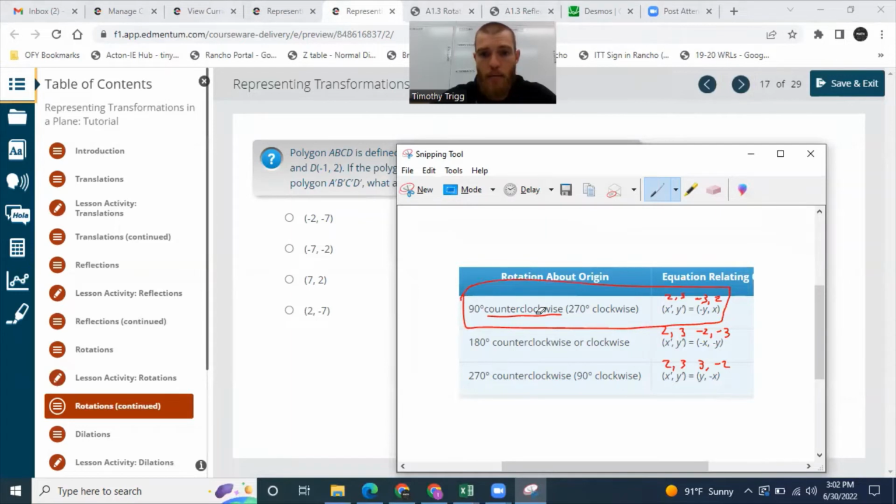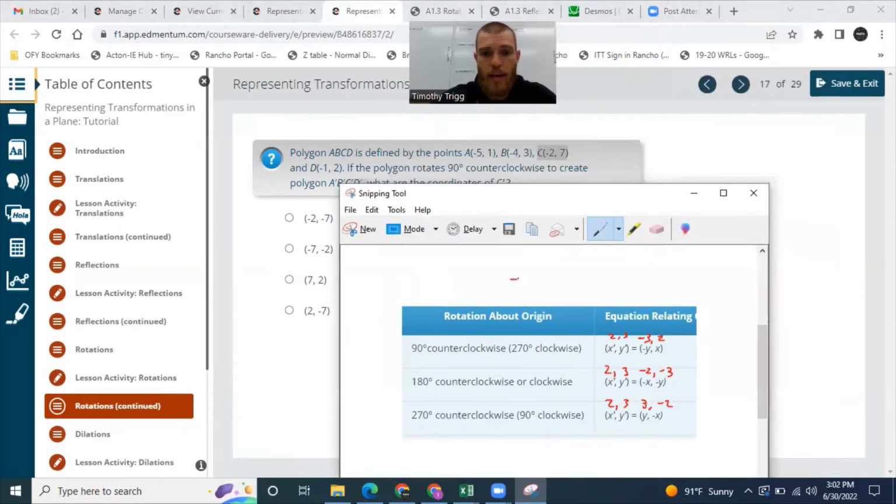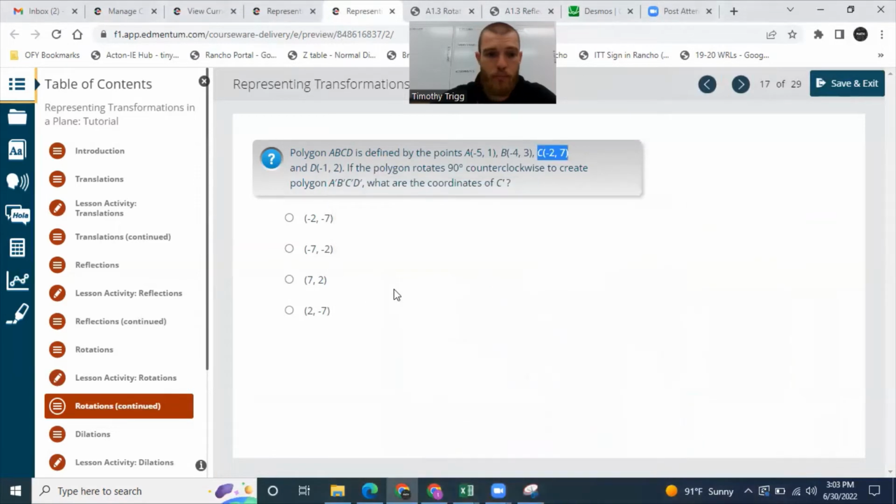In this case, my point is (-2, 7). Look at the rule: the X and Y switch positions, so (7, -2). But also the Y coordinate changes signs, so now it's (-7, -2).